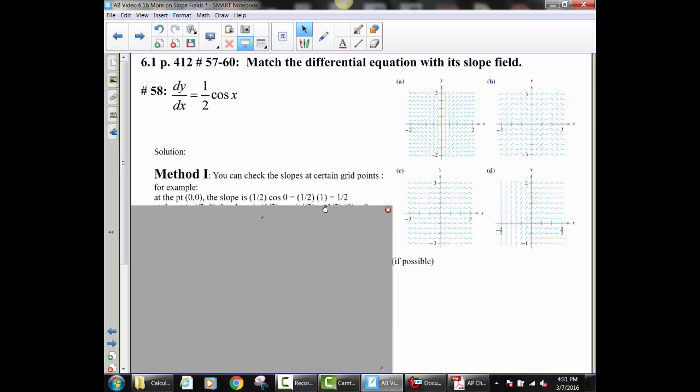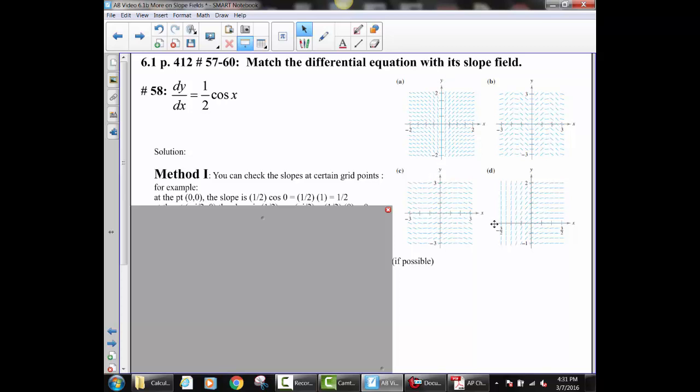The cosine of 0 is 1, so at 0, 0 you should have a slope of a half. So that would eliminate option B because the slope at 0, 0 is 0. These are all horizontal lines. It would also eliminate A because the slopes are undefined, because they're vertical little tangent slopes.